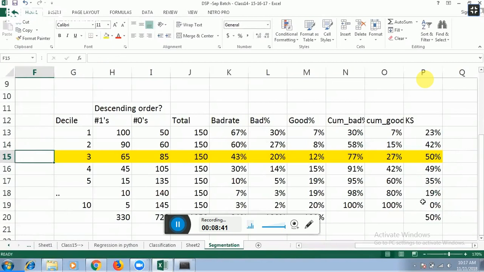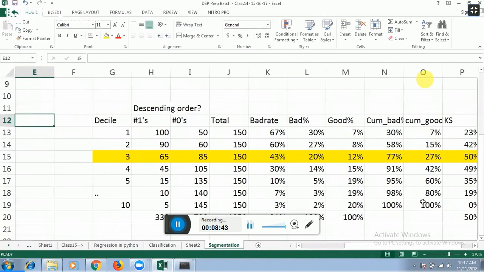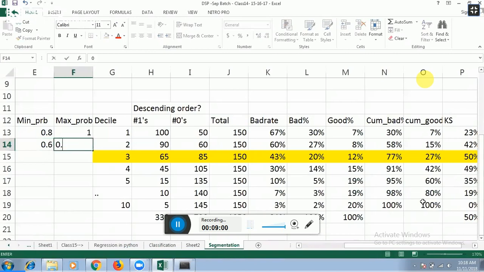Even in the third decile, you know the minimum probability and maximum probability. For example, the minimum probability is 0.8 here and maximum is 1, and 0.6 and 0.8 here, 0.5, 0.6 here. Suppose like this you have it.